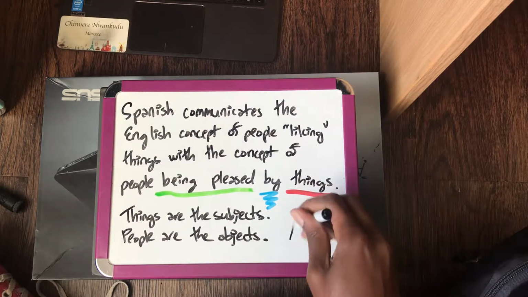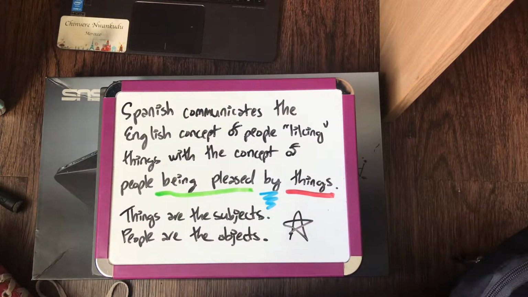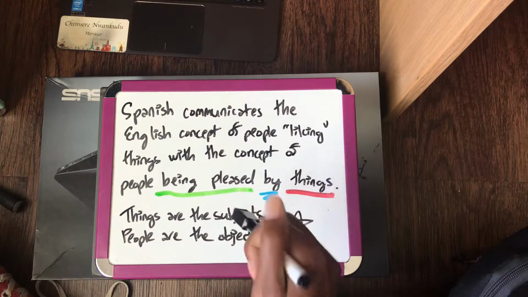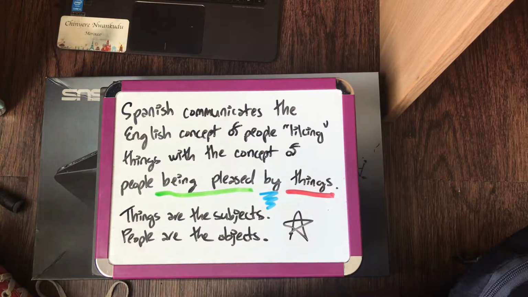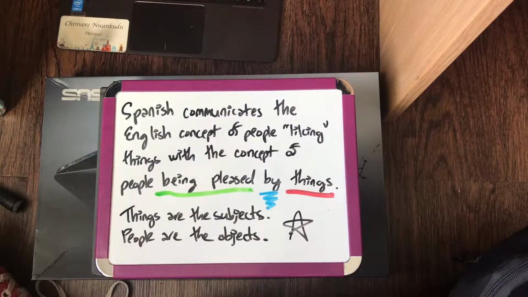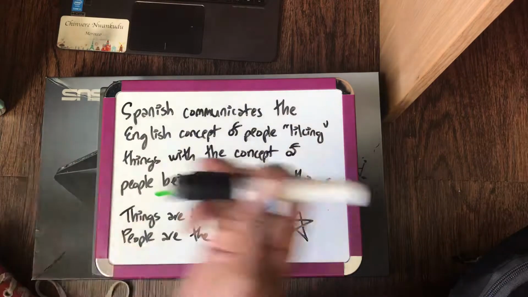Okay? Very important. Again, I'm going to read this out loud. Spanish communicates the English concept of people liking things with the concept of people being pleased by things. Things are the subjects, whereas people are the objects. Whereas in English, it's the opposite way, in which the things are the objects and the people are the subjects.